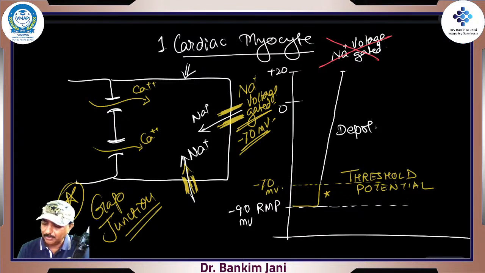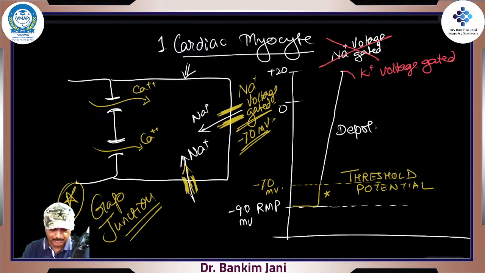So I was saying that these voltage gated sodium channels close, and then there is opening of voltage gated potassium channels. So we change the color, and over here are the voltage gated potassium channels, which operate at plus 20.